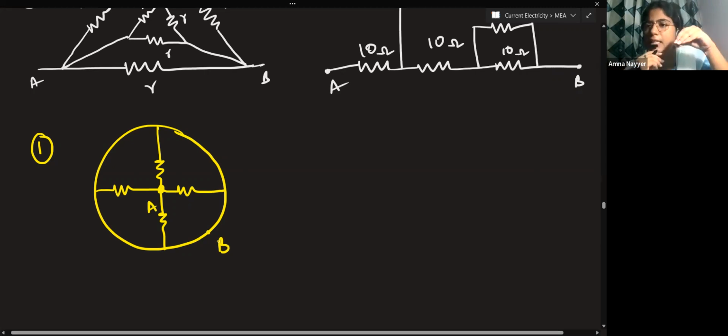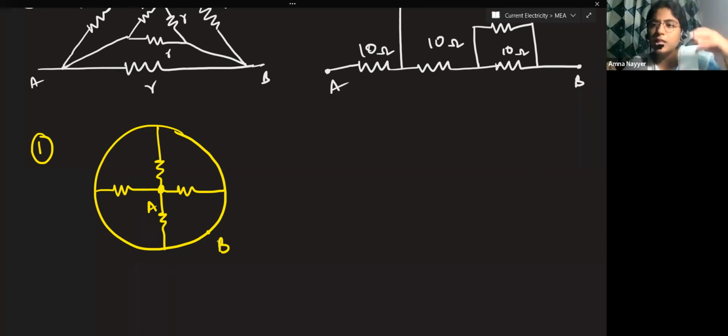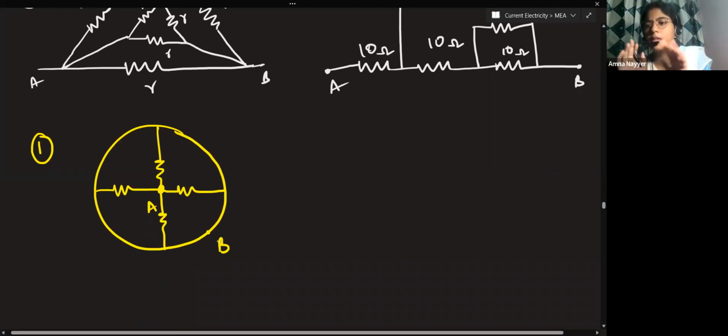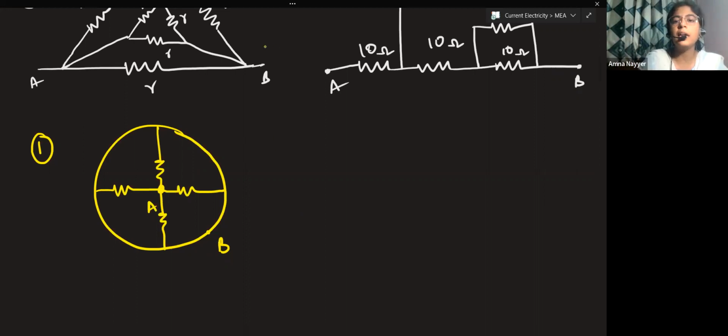So A is a common point. In order to see in which manner all four resistors are connected, just raise A. It means if I have this circular circuit with me, just pick it up from point A. How will the circuit look?